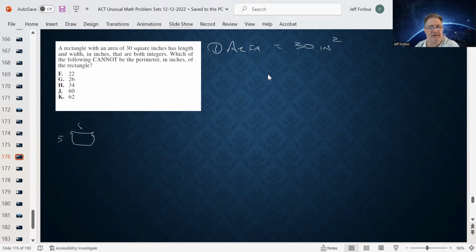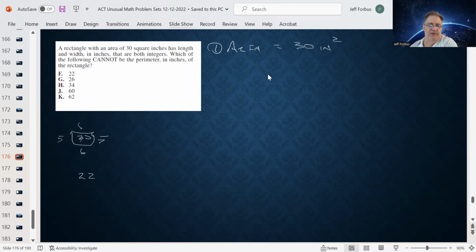So 6 times 5 is 30, right? Well, the perimeter here would be 6, 6, 5, and 5, and the perimeter here would be equal to 22. Now we're looking for which of the following cannot be the perimeter. So we found that this one works. So F is not our answer.